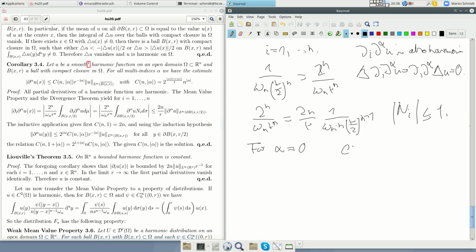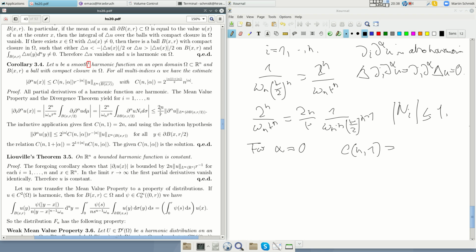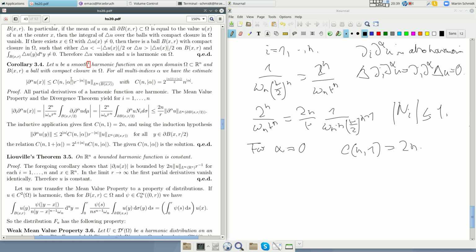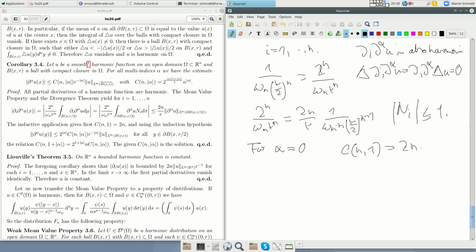So this means we may just choose C_n1 as 2n, since in this estimate here, when the length is 1, we have 1 divided by r, so the power of r is correct. So this number should be 2n for first partial derivatives.